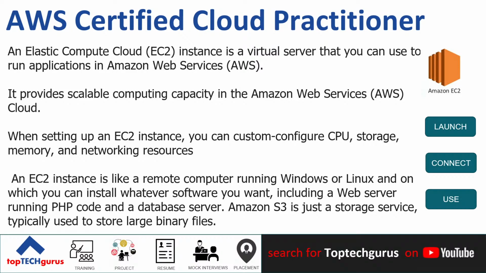Or you can just create a copy of that EC2 instance and create multiple instances, and our workload can be done using the first instance or the second instance, or you can scale it. There's something called an autoscaler which we'll learn in the next couple of slides. But so we have scalable computing capacity. That's the most important part of EC2.